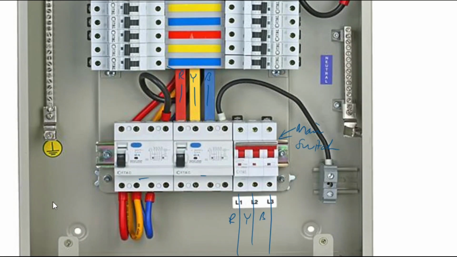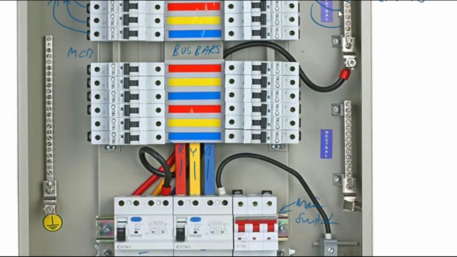So you will also see here, while we had the red, yellow, and blue phases coming through your main breaker or your main switch, your neutral will be connected on the side through this connector, okay, and then tapped through various points. You can see as you follow along the black wire, it goes in here, through here, and connects to the two sets of bus bars.